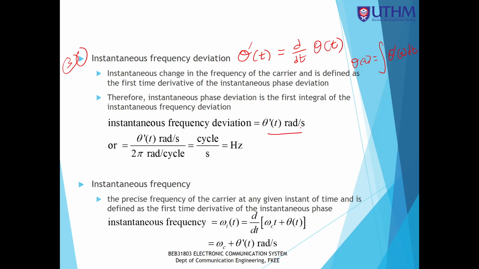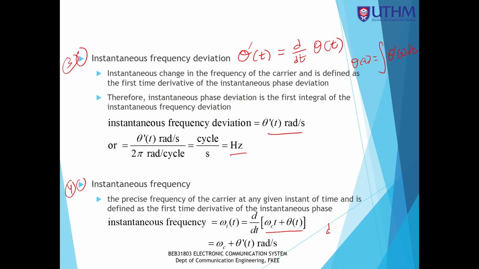Here you get theta prime t. The unit is radian per second, or cycle per second, or hertz. Then the fourth parameter is the instantaneous frequency, which is the precise frequency of the carrier at a specific time. It is defined as the first derivative of omega c t plus theta t.